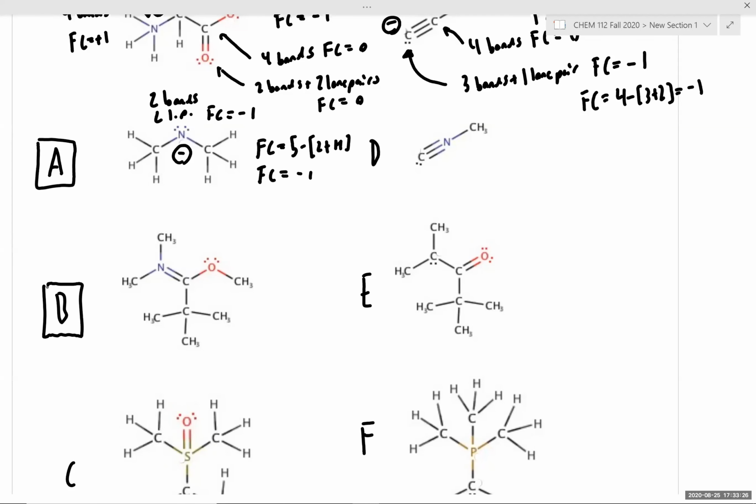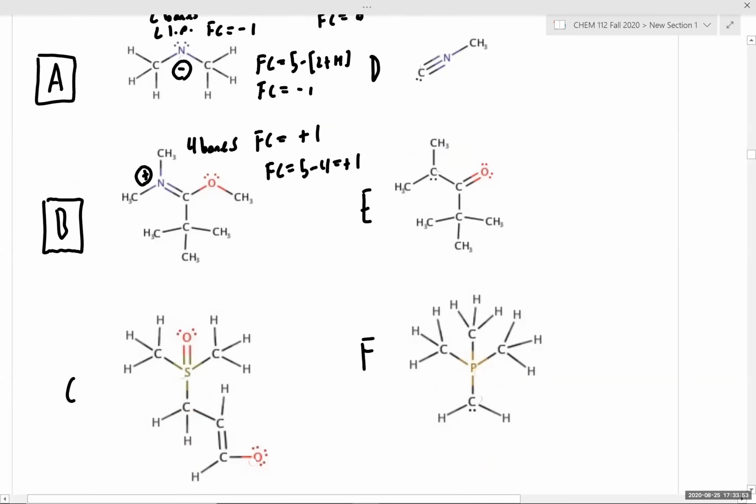Nitrogen again. Yep, so looking at nitrogen, what is the formal charge for this nitrogen atom, which has 4 bonds? The formal charge would be +1, exactly right. Using our formal charge equation, we have 5 minus 4, which gives us +1. Wonderful.